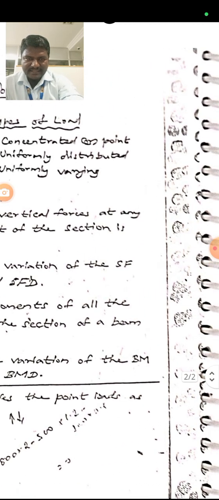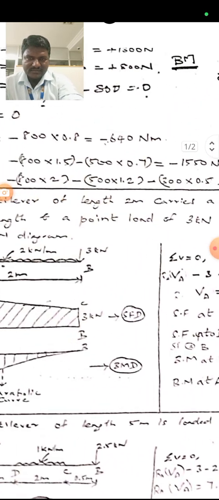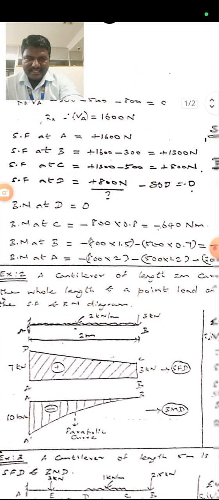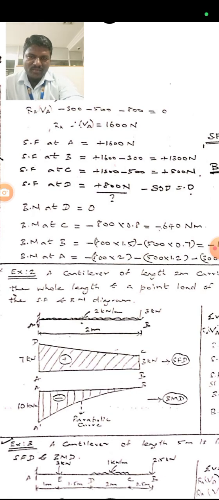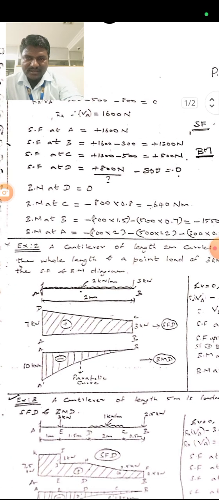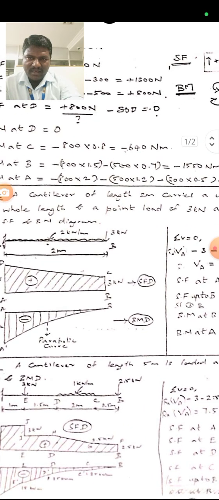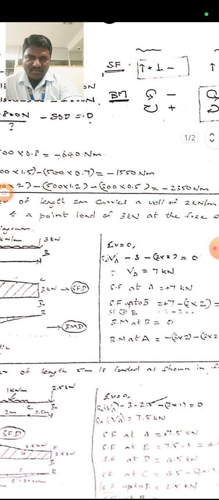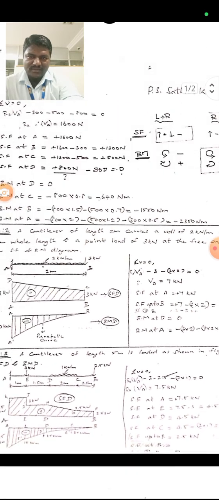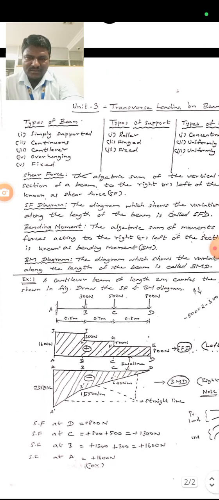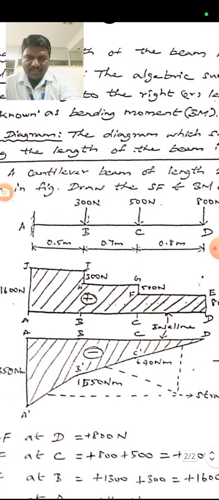Going to the answers of bending moment: bending moment at D is 0, at C minus 640 Newton meter, at B minus 1550 Newton meter, and at A minus 2350 Newton meter. Mark the points.